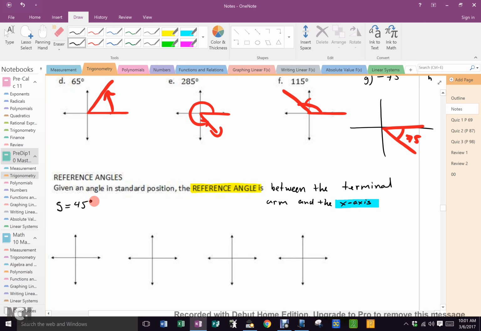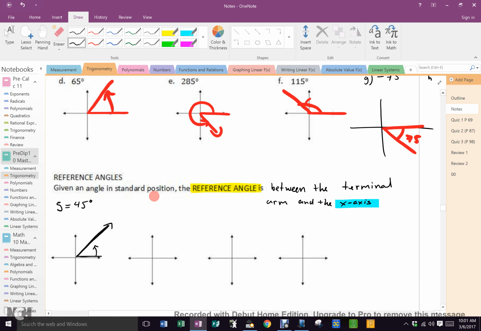How do I draw an angle in standard position of 45 degrees? Where does the angle start? On the x-axis. And where does it go? That way, because we are going positive. And it's going to go halfway, yes? Everyone agree? Okay, that is my angle in standard position, yes?